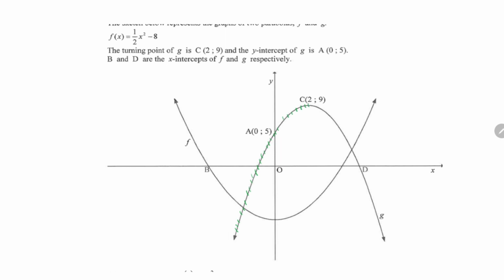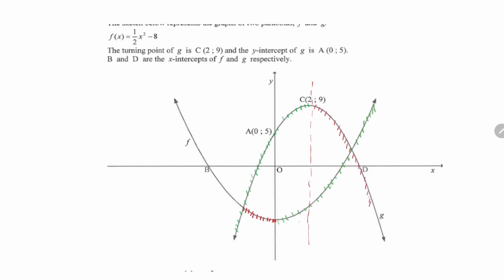But then graph f, from here where graph g is increasing, graph f is decreasing up to here. But then from here, graph f is increasing. But then over here, graph g is decreasing.